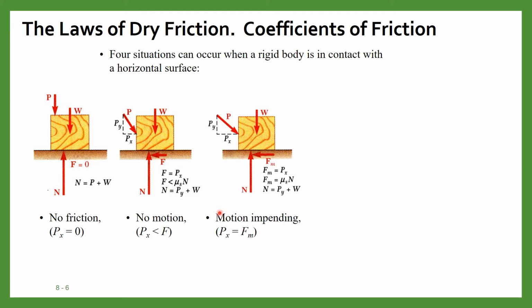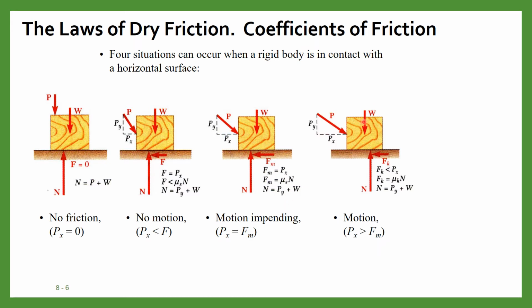Now the third condition is that motion is impending, meaning motion is just about to start. In that case this Px will be equal to Fm. And the fourth condition is the motion, when this force is such that it imparts motion to this block.